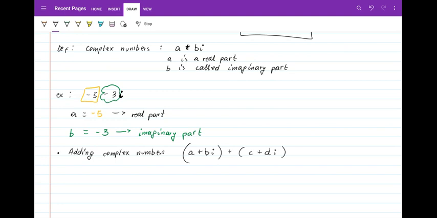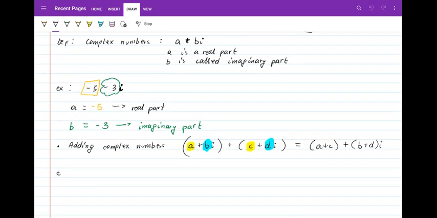To add them, we just combine like terms. So we're going to add real parts together, which is a plus c, plus, and we're going to add imaginary parts together, b plus d, times I. Okay.